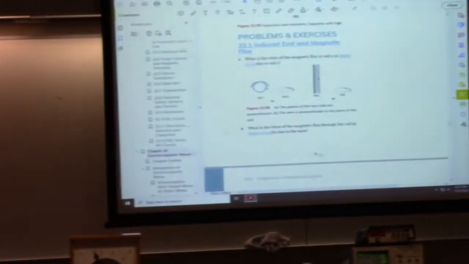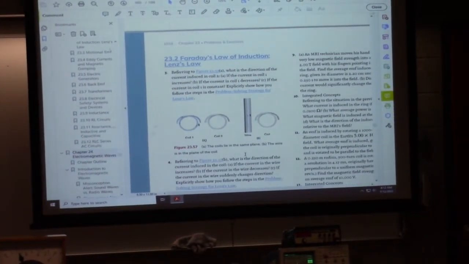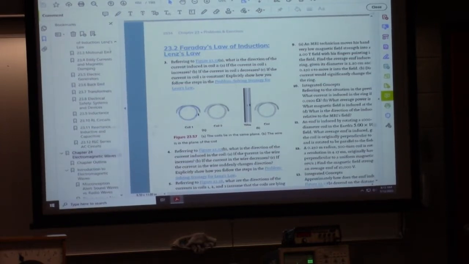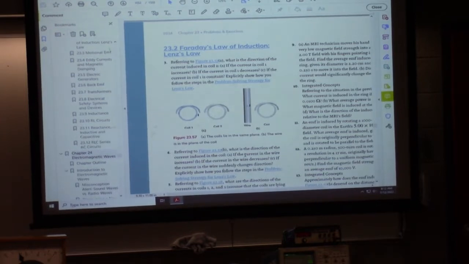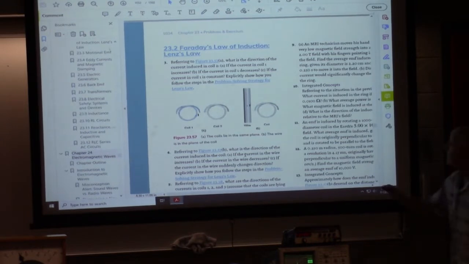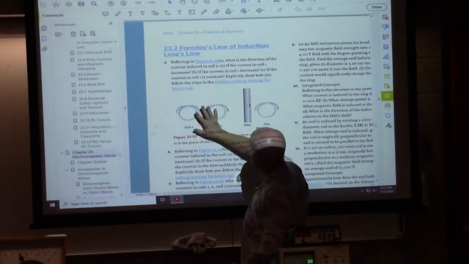I think number 3 is a lot like this. Let me scroll down to the next page here. It says, referring to figure 57, what is the direction of the induced current in number 2? Okay, so we're looking here at figure 57A, this one.